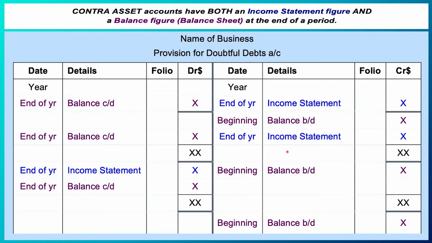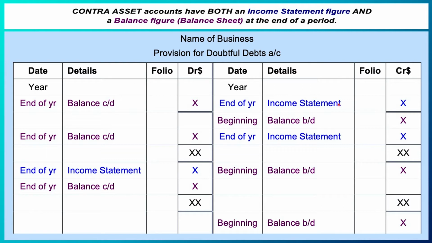So for the provision for doubtful debts, you will always have on your debit side, balance carry down, and you will always have on your credit side, balance brought down. What you will have changing, depending on whether it's an increase or decrease, would be your income statement. So for 2 years, you had an increase.